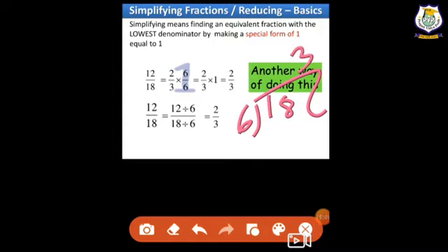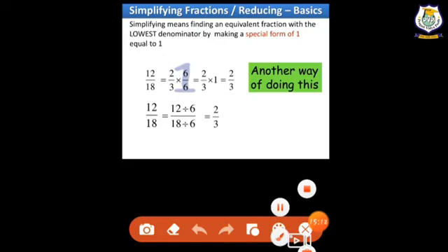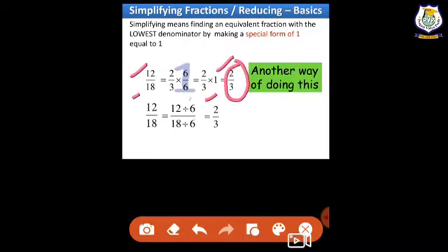So here it is written 3, right? It means we have to multiply 6 in both of them, so we are getting 12 and 18. So 2 upon 3 is written in the next step, and 6 divided by 6, so we are getting 1. It means the reduced form of 12 upon 18 is 2 upon 3.